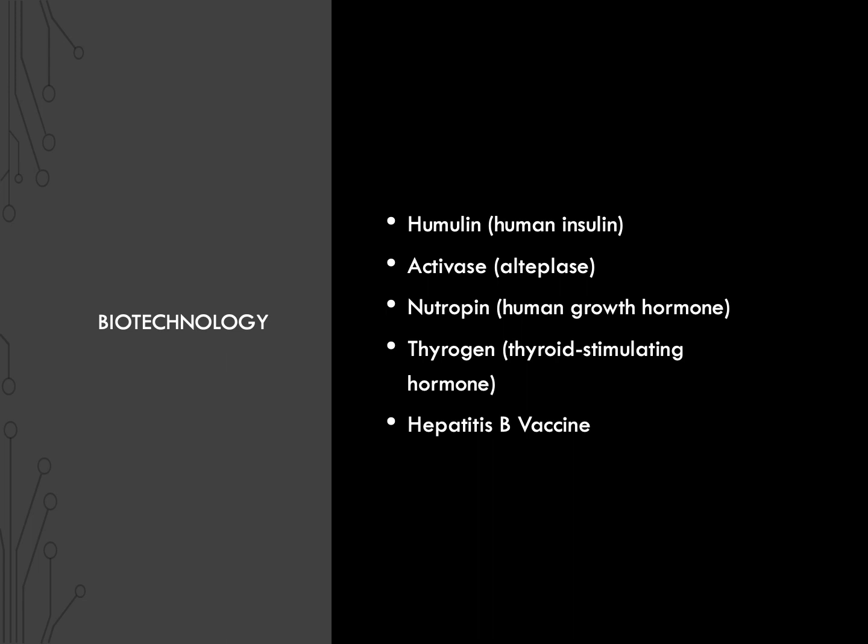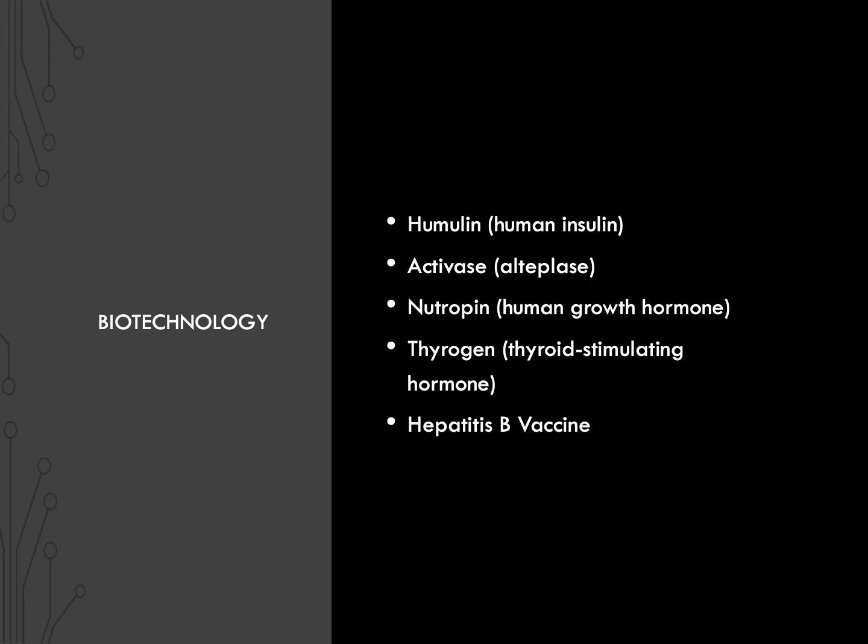Some of the drugs shown here, like Humulin, alteplase, growth hormone, and hepatitis B vaccine, are some of the drugs produced using biotechnology. Humulin is human insulin, and Activase, also called alteplase, is a thrombolytic, so it is used to break up blood clots.